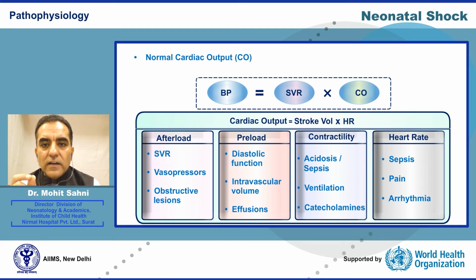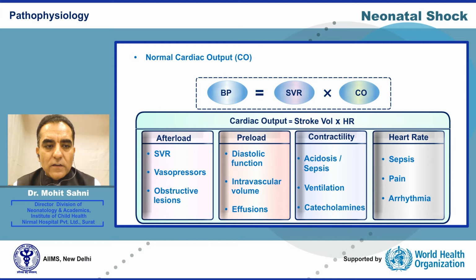So your heart rate is one of the main components in newborns which plays a major role in compensation. So newborns become tachycardic. That's why early shock can be detected, represented by a higher heart rate, tachycardia.